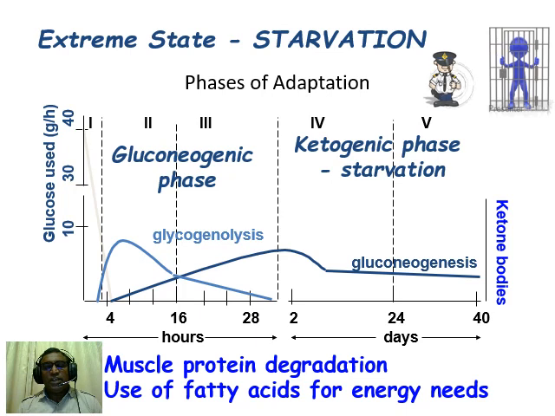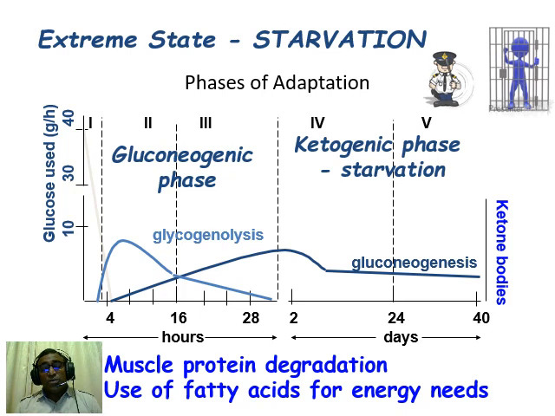But after that, since there's no food given, even that starts to drop, and within like 2 to 4 days you can see it's dropping and then keeps to a plateauing amount throughout up to the 40 days.